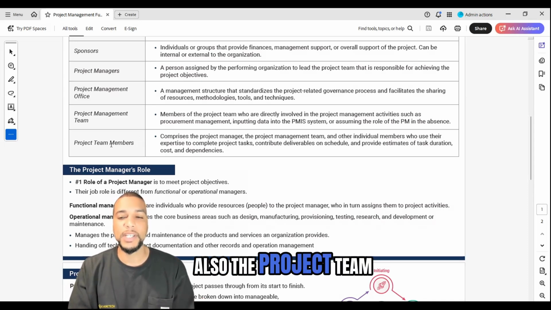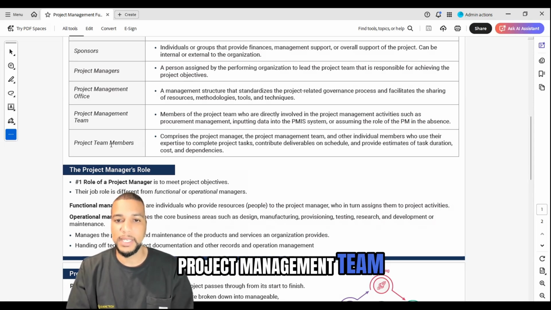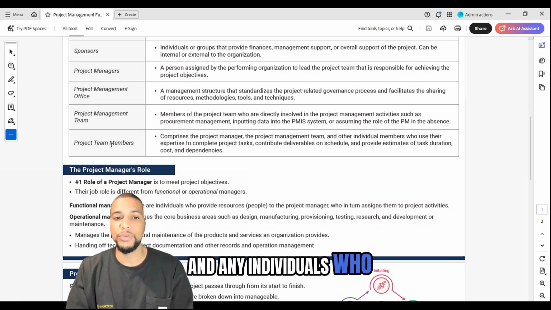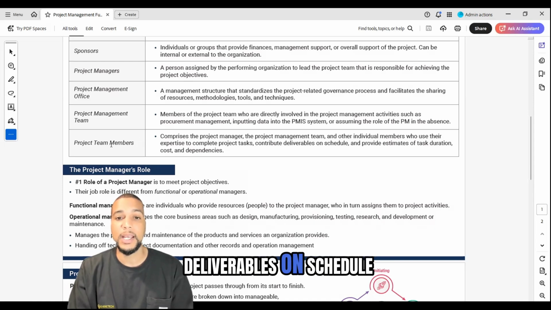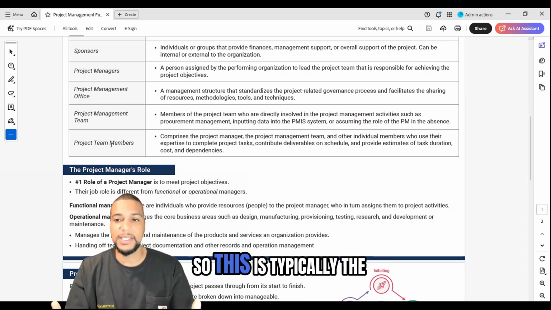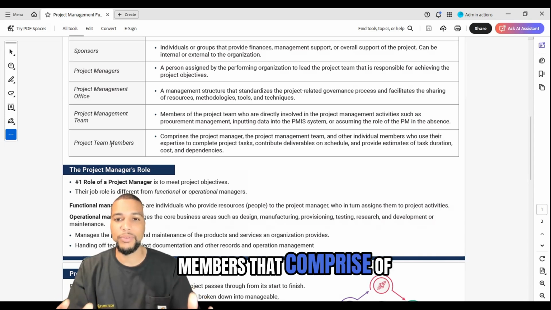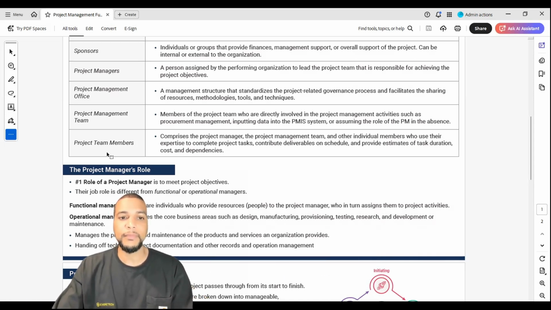And then the project team members comprise the project manager, project management team, and any individuals who use their expertise to complete project tasks that contribute to deliverables on schedule and provide estimates of task duration, costs, and dependencies. So this is typically the members that comprise that team that the project manager supports.